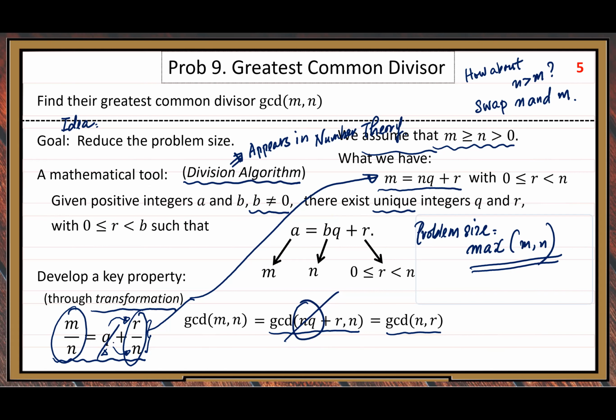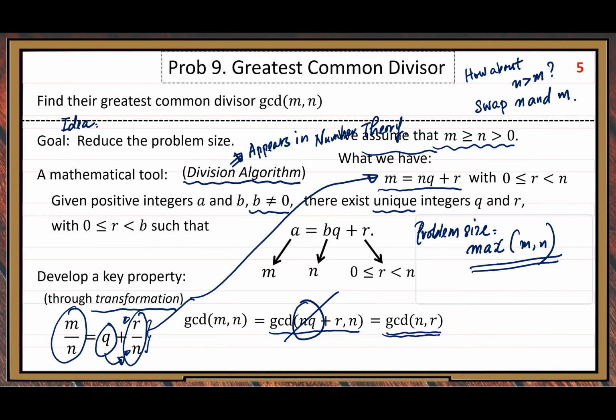But that quotient q part is an integer, and the integer part has nothing to do with the divisor cancellation. So we can remove it.